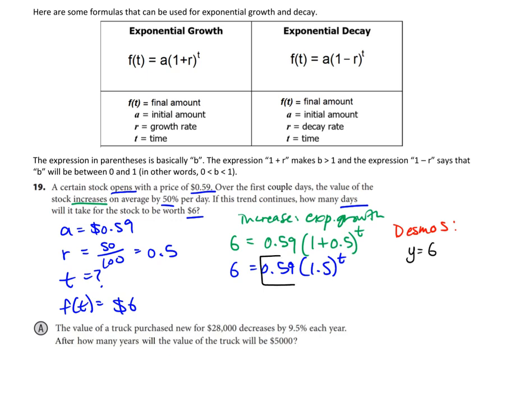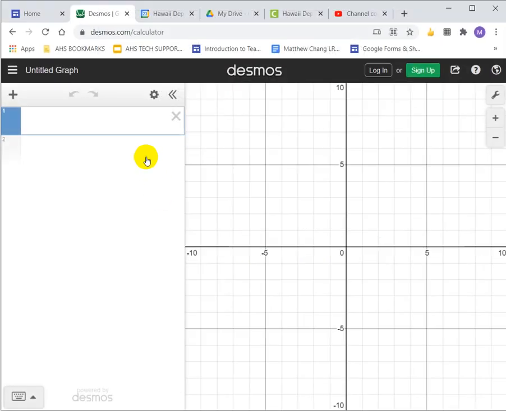And we can also graph the right hand side, y equals 0.59 times 1.5 raised to the t. This is where you're going to have to use Desmos and try to figure this out. So let's go ahead and graph each of those things. Let's graph the line y equals 6.